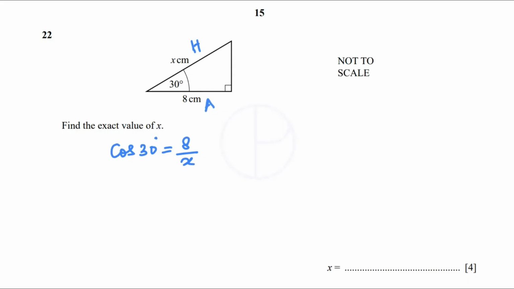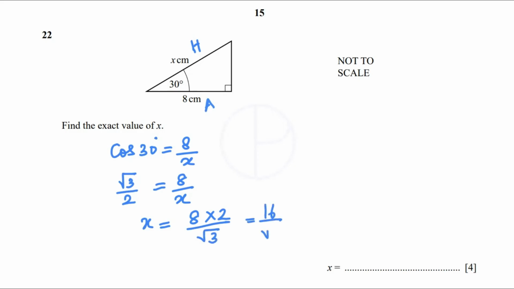And we know cos 30 is square root of 3 over 2, which is equal to 8 over x. Now make x the subject. So x is equal to 8 times 2 divided by square root of 3, which is 16 over square root of 3.